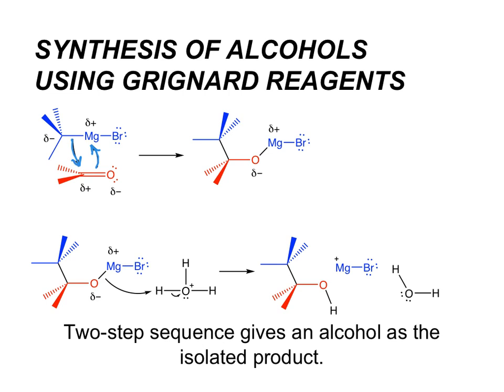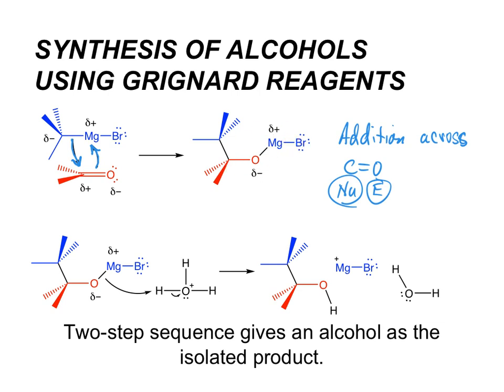So essentially we get an addition across the carbonyl bond, with the magnesium electrophile going to the oxygen and the carbon nucleophile going to the carbon. And so then we make our alkoxy magnesium bromide intermediate.